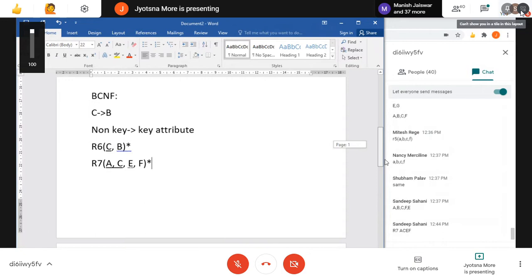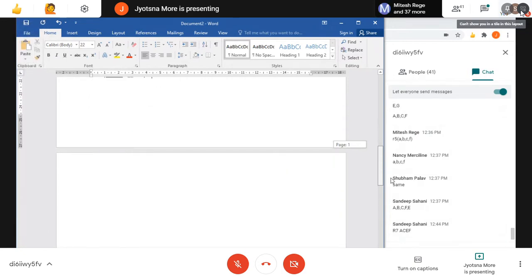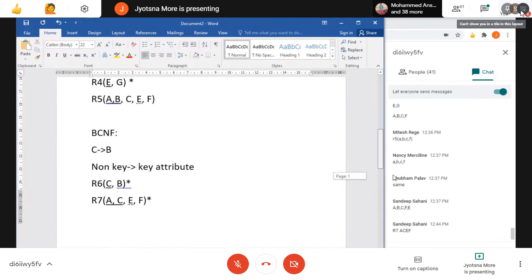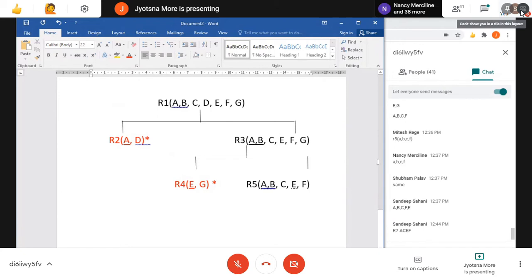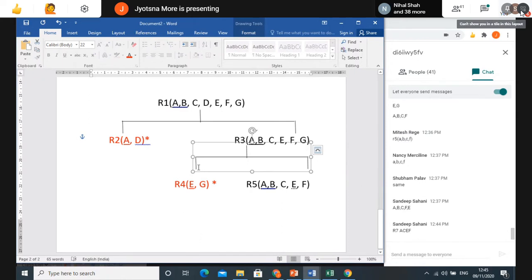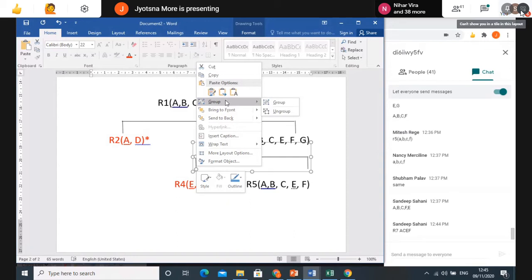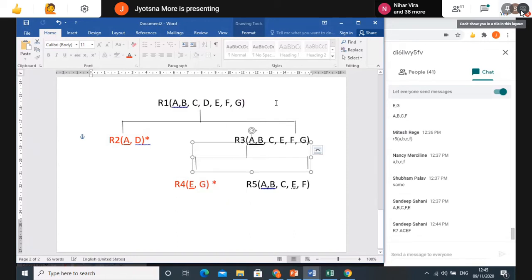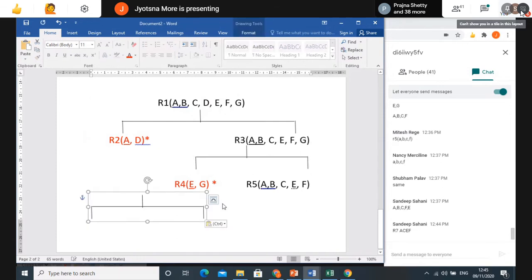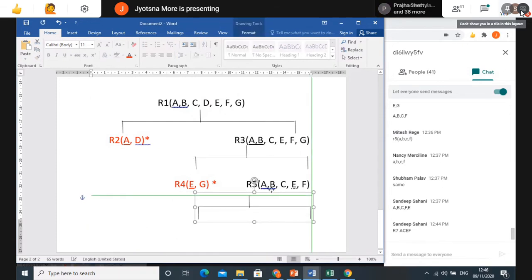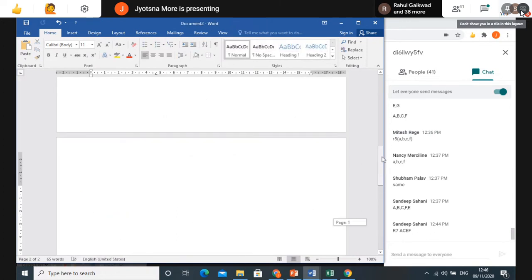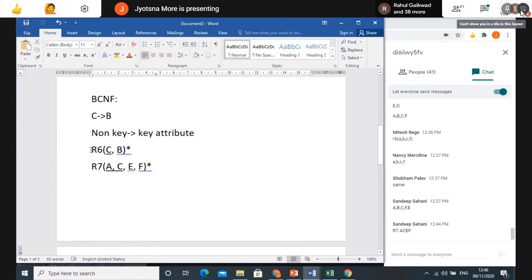So as per this, all of you write down now. Therefore, the final normalized relations are, write down these relations which are your final. So we are going to divide R5 into two, which we have done. I'm just representing them in a dependency diagram.